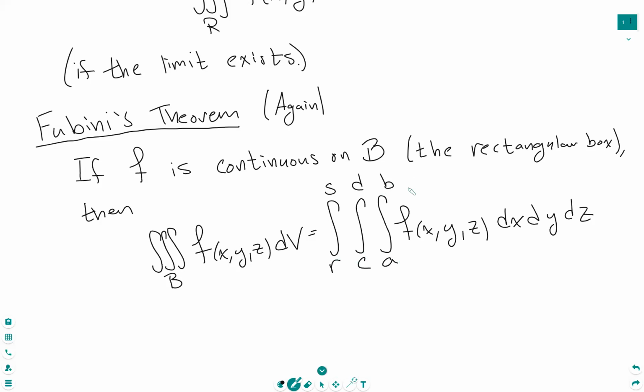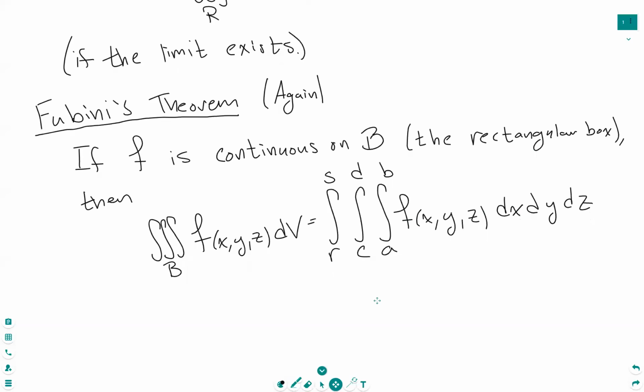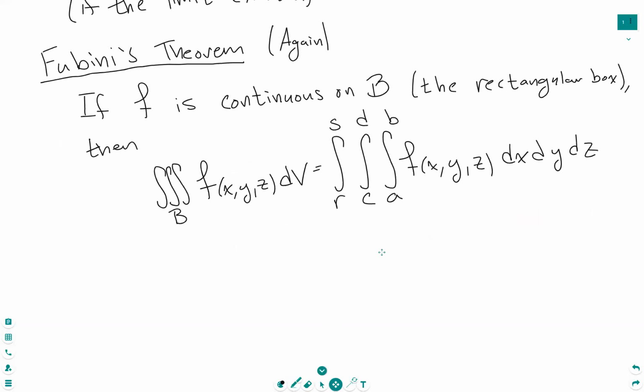So if we are in a box, the ordering of dx, dy, dz doesn't matter because it could be a type 1, a type 2, or maybe even what you kind of call a type 3, right? In this three-dimensional space now. So all of the orientations, and I'm not going to write them all out because there's a lot, you could always interchange these because of the fact that it's on this rectangle. You can always do traces in one direction and then traces in another direction and so on.